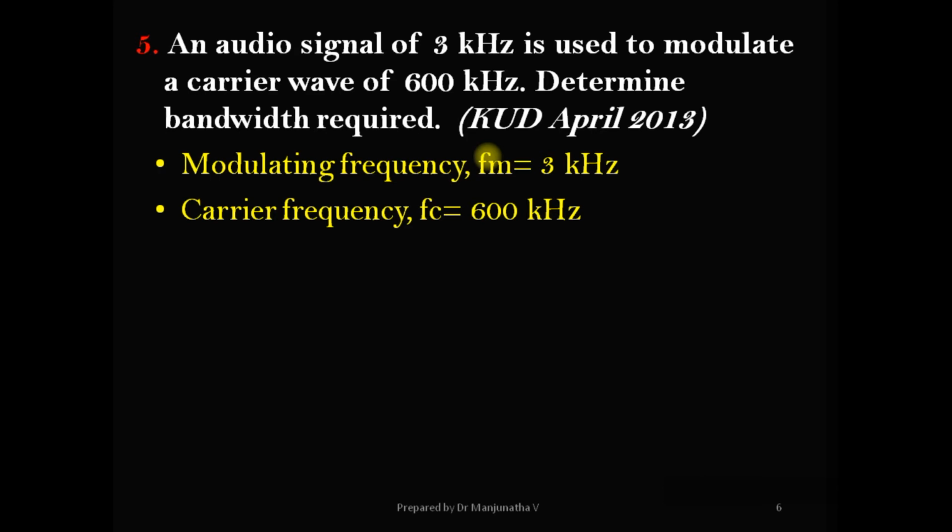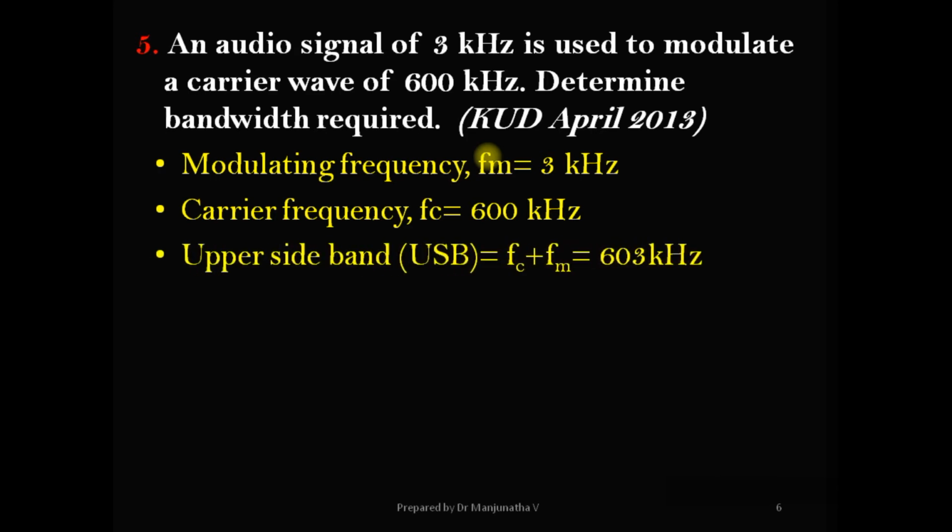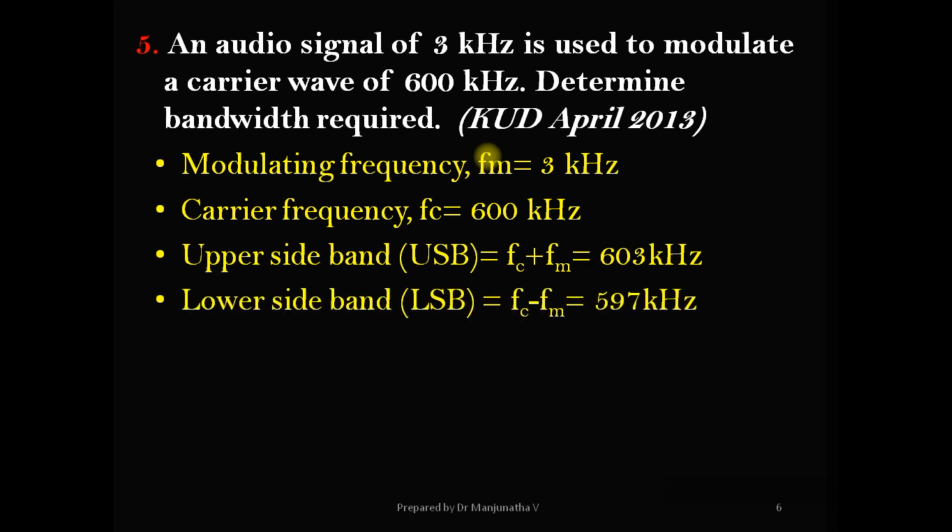Carrier frequency Fc is equal to 600 kilohertz, and the upper sideband frequency is Fc plus Fm, that is 603 kilohertz. Lower sideband frequency is Fc minus Fm, that is 597 kilohertz.